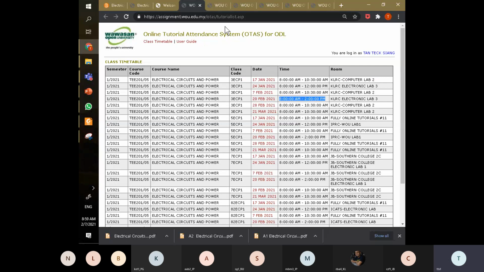For assignment 2 you definitely can get above 80, because I've provided you all the answers for the lab. You just need to follow the step by step. So make sure you attend this lab.